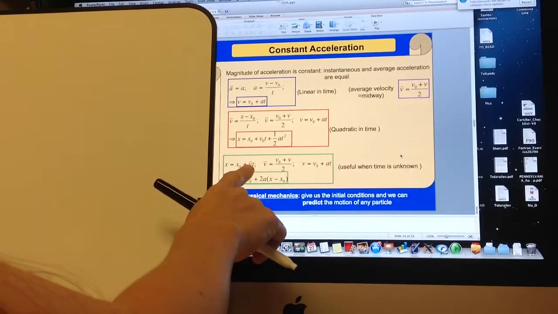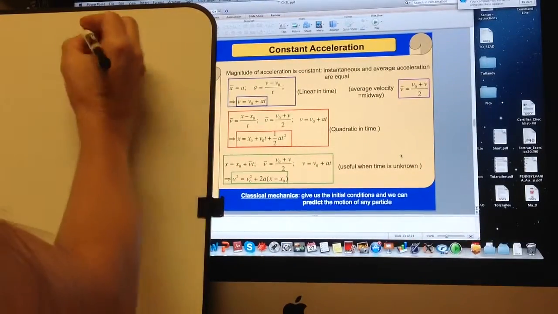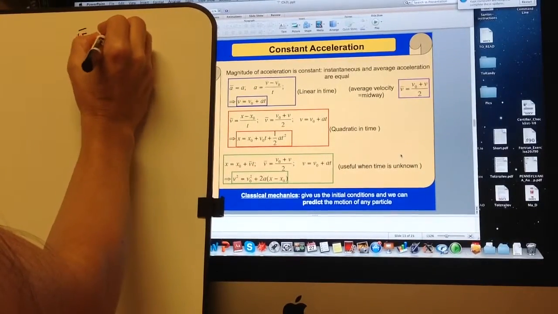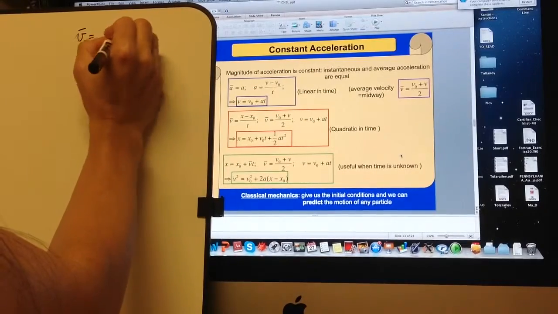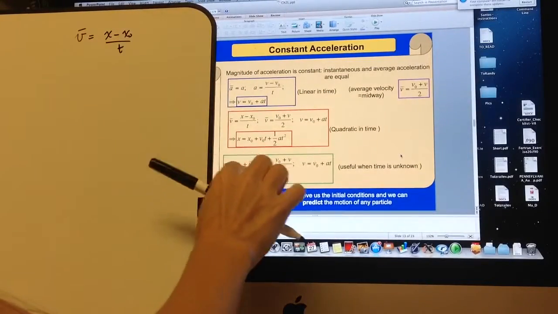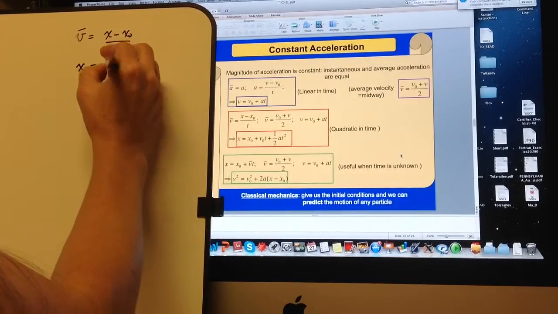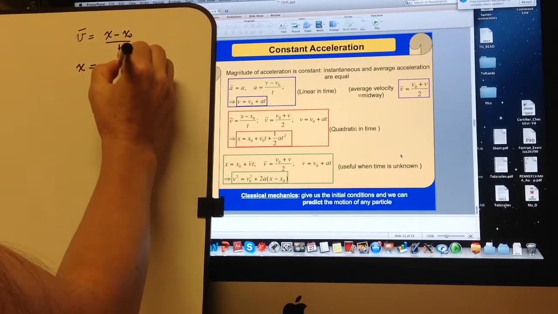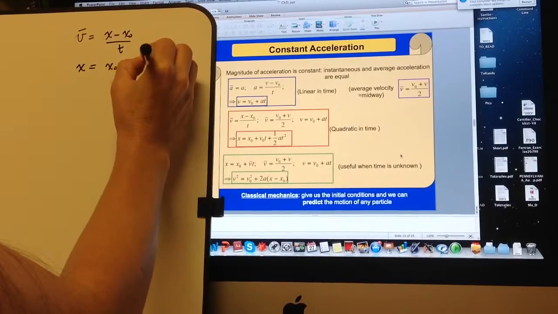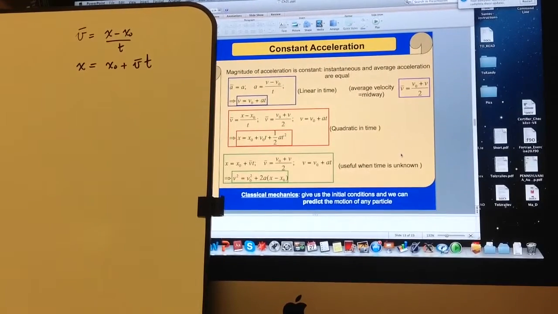The definition for the average velocity, again the same story, is final position minus initial divided by time. So we can rewrite it like this. Position is equal to x naught plus average velocity multiplied by time.